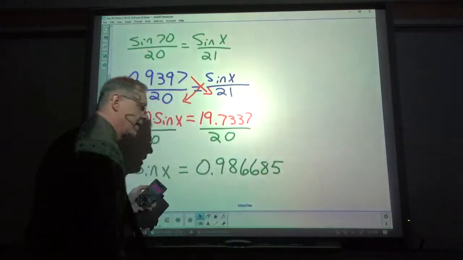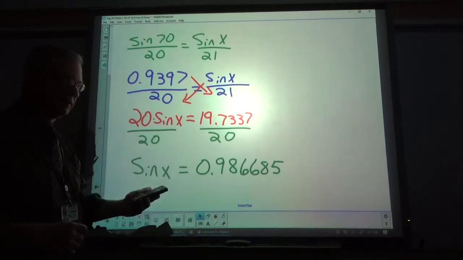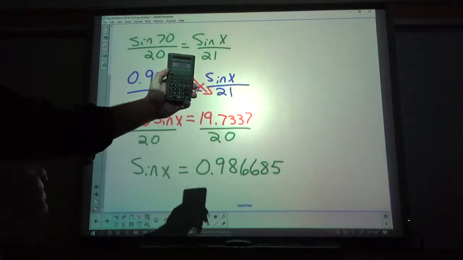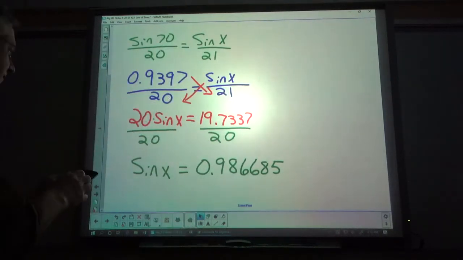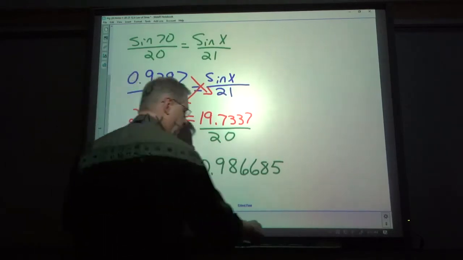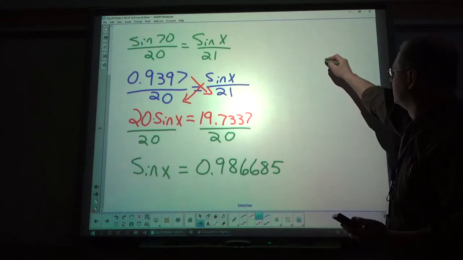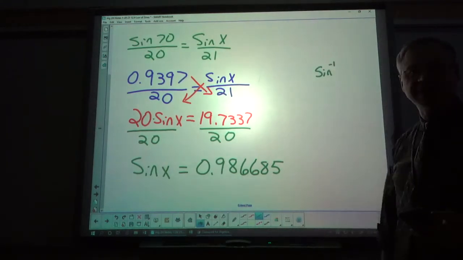Now I'm not going to round that to 4 decimal places. I'm just going to leave it, and there it is on my calculator. And I'm going to use a button called inverse sine. The symbol looks like sine, but it's got a -1. It looks like a -1 power.